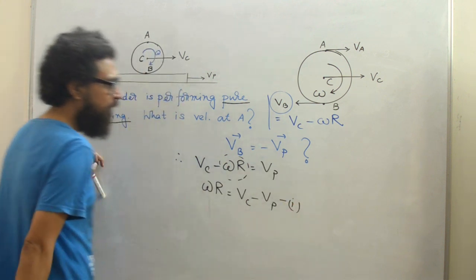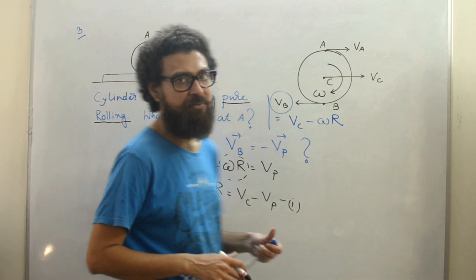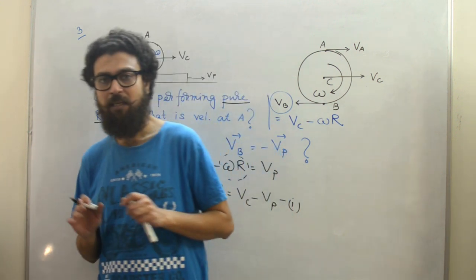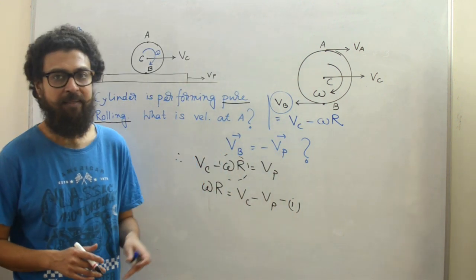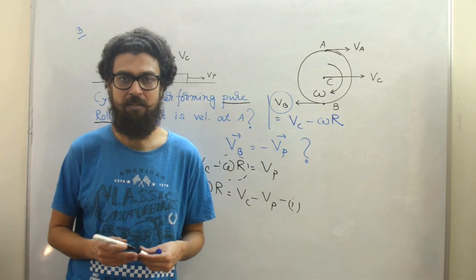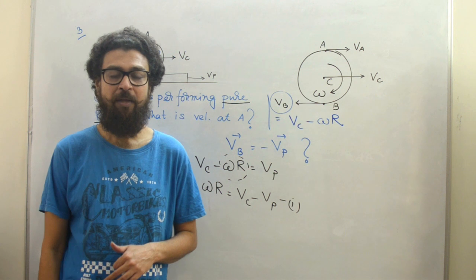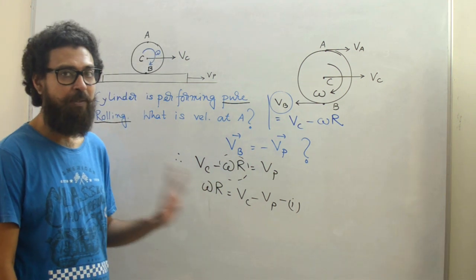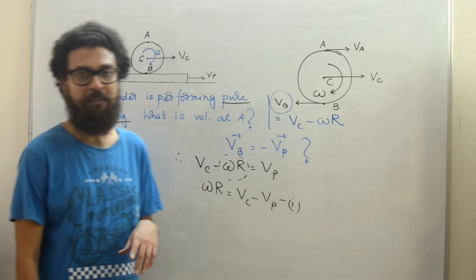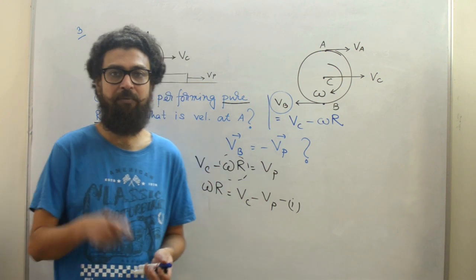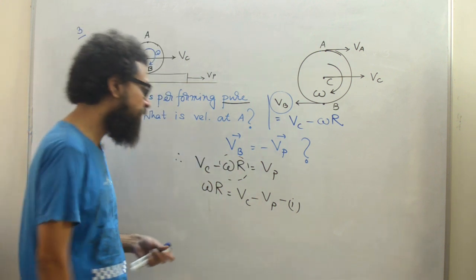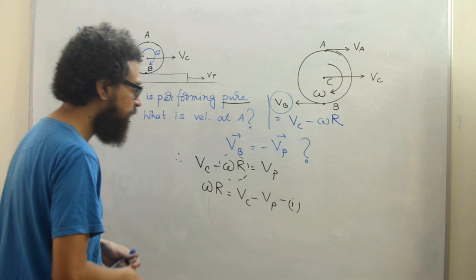Fine, keep it. So my point B consideration is over, and the concept is that B should be momentarily at rest, and that is the reason why the velocity of the plank and the velocity at B while it is rolling should be equal and opposite. They should be vectors which cancel each other, so that B will remain at rest momentarily. So this is what we have got applying this concept.